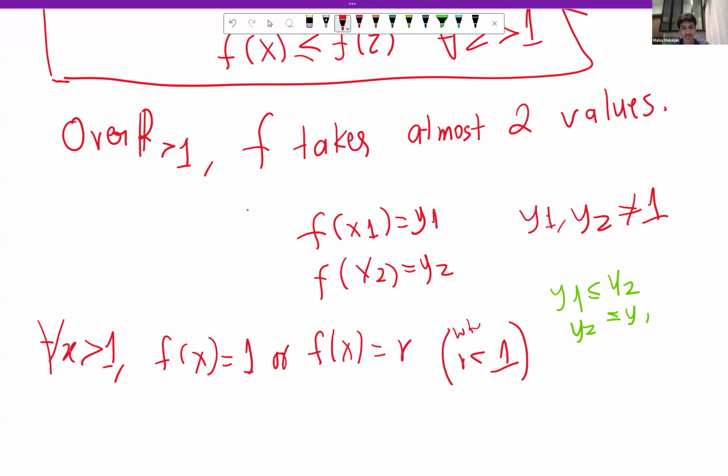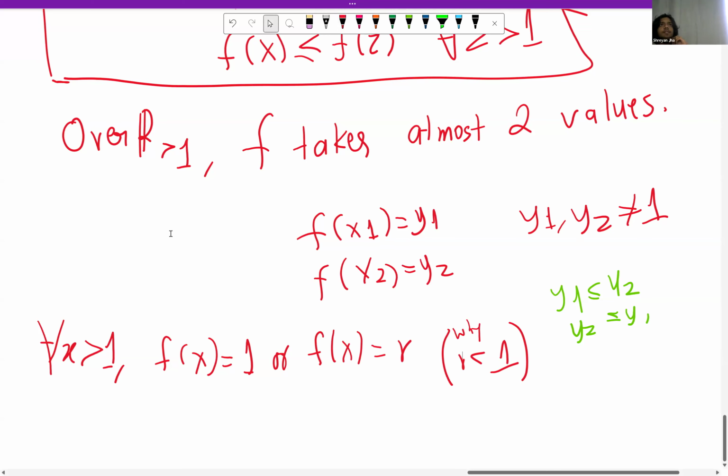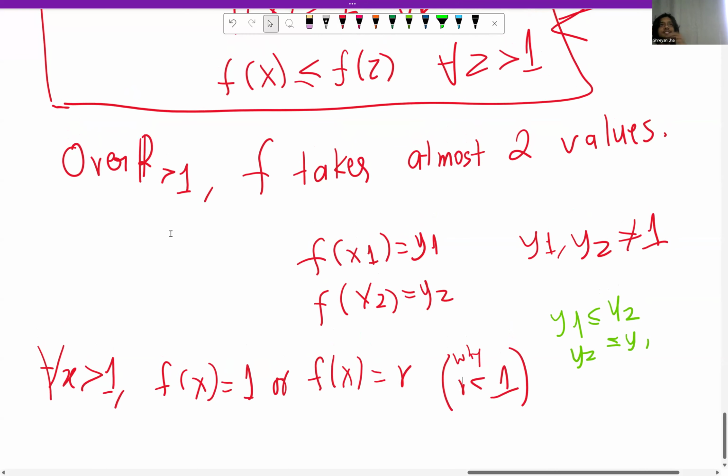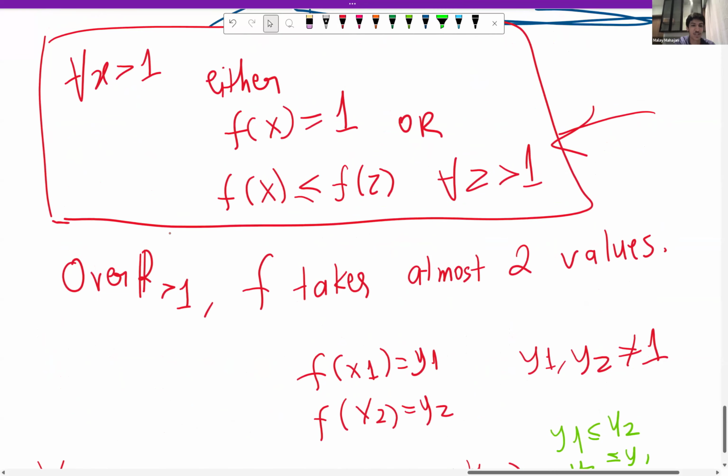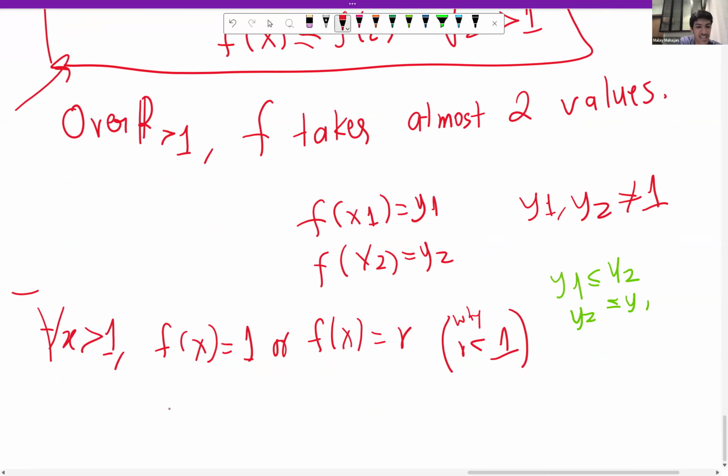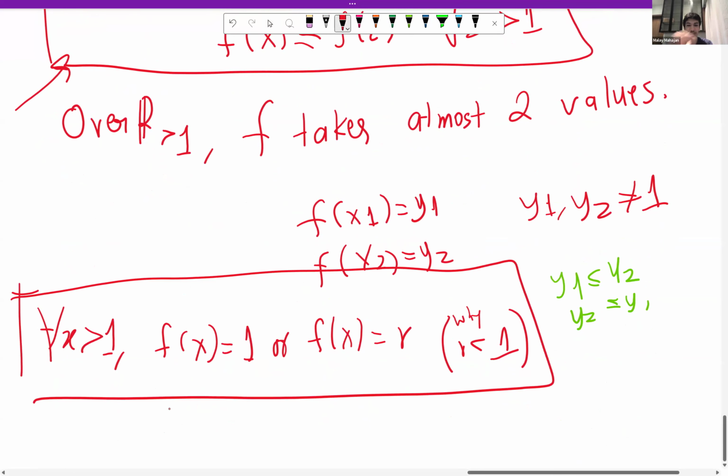Because we assumed it in the starting: x greater than 1, so f(x) is smaller than 1. Yes, okay, good. And this is great, and we are basically done. We have shown that over reals bigger than 1, it just takes 2 of these values.